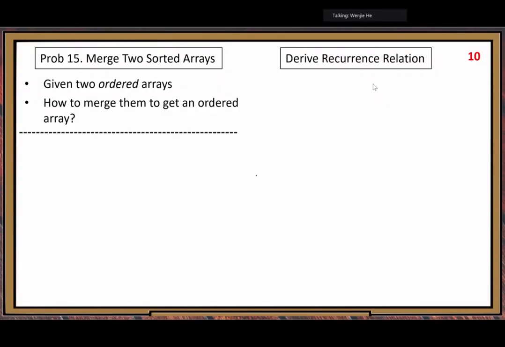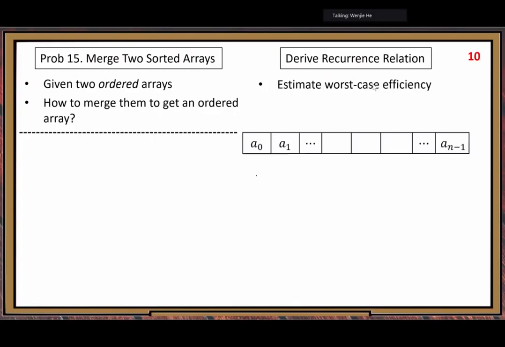When we count the number of comparisons for Mergesort, we want to use a recurrence relation for that counting function. Estimate the worst case. What is the worst case?